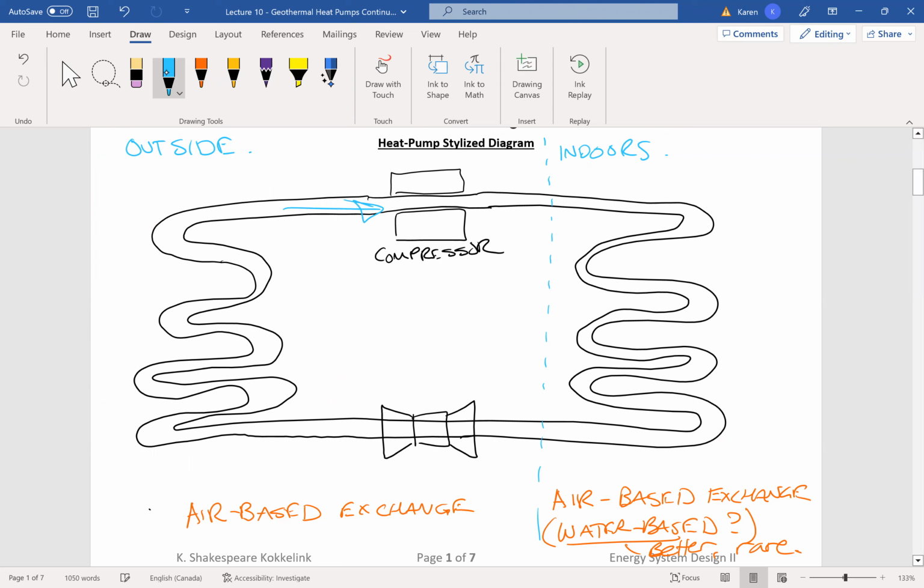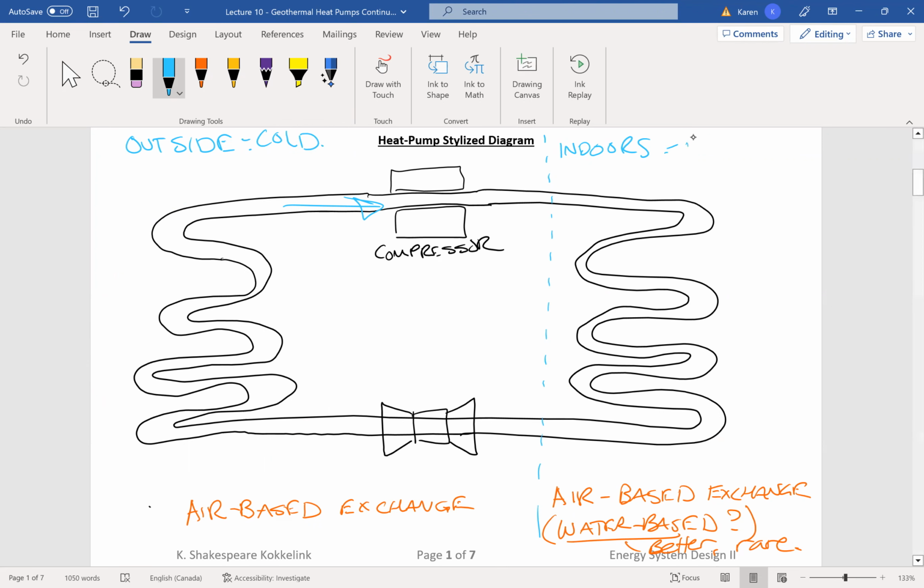I'm just going to say we want to heat this. Okay. So outside it's cold and indoors it's warm. It's warm, but we want to heat it. So I'm going to say we're in heating mode. So if we're in heating mode, this is the direction that we're going to be moving. So then what is over here on the indoor coil?